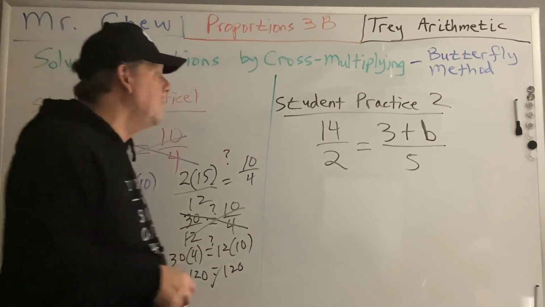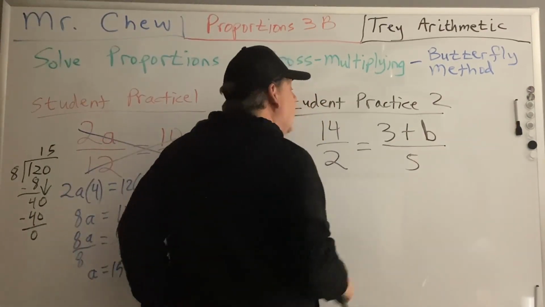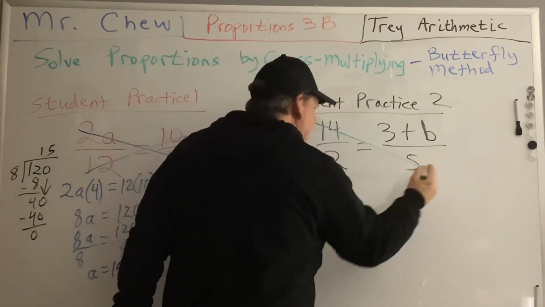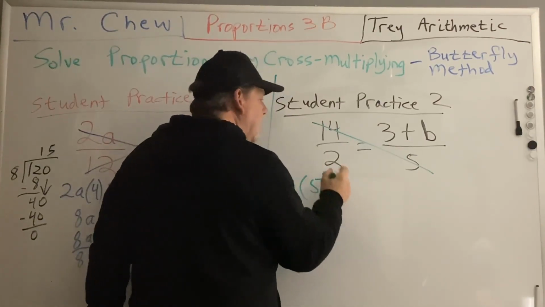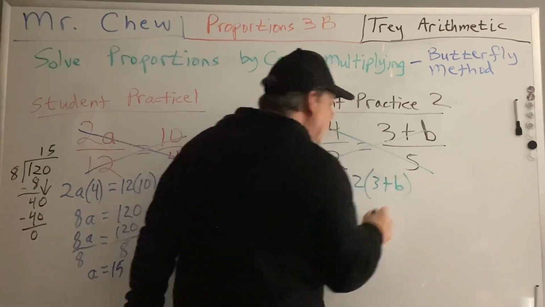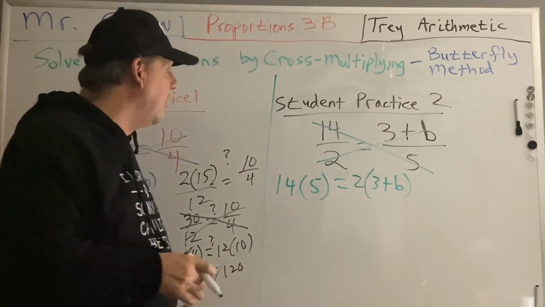The reason I know it's going to be two-step is because of this, what's called a binomial in the numerator. So when we do our butterfly method here, I have 14 times 5 equals 2, and I have to write the 3 plus b in parentheses because it is a quantity in that numerator.